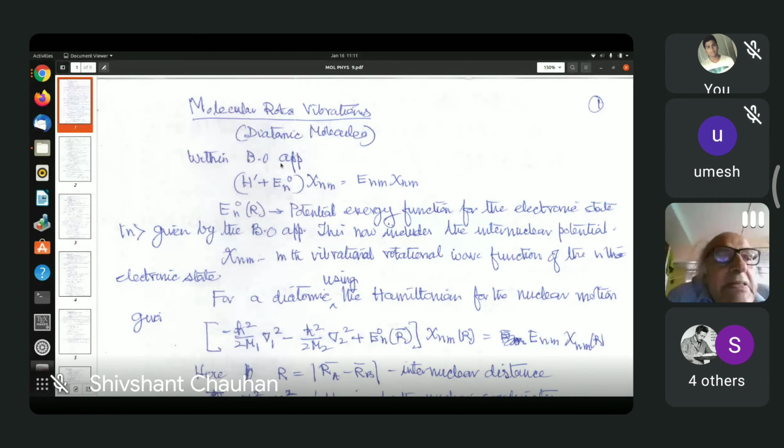Why? Because we first need to specify exactly which electronic state we are using. The electronic state is the nth electronic state. Just as we saw a little bit earlier, three different electronic states of the hydrogen molecule were shown: X singlet sigma, capital B triplet sigma, small b triplet sigma, and capital B singlet sigma.